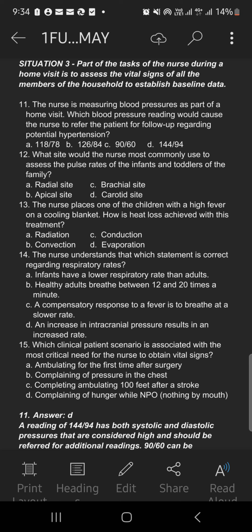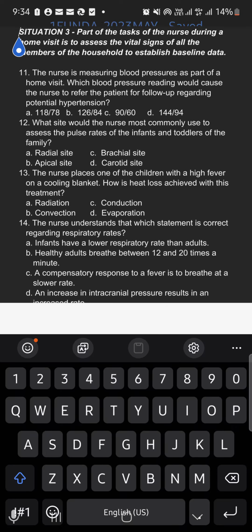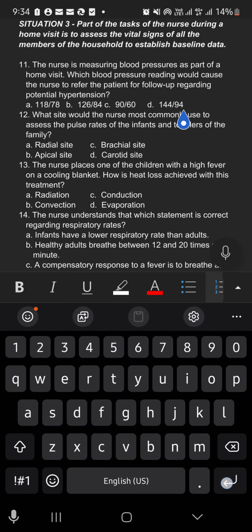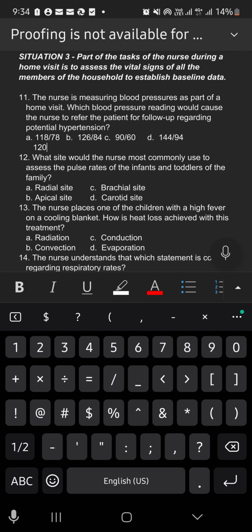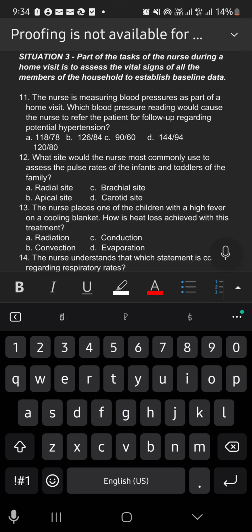Now, 120/80 is considered as pre-hypertension, right? So 120/80 is considered as pre-hypertension.